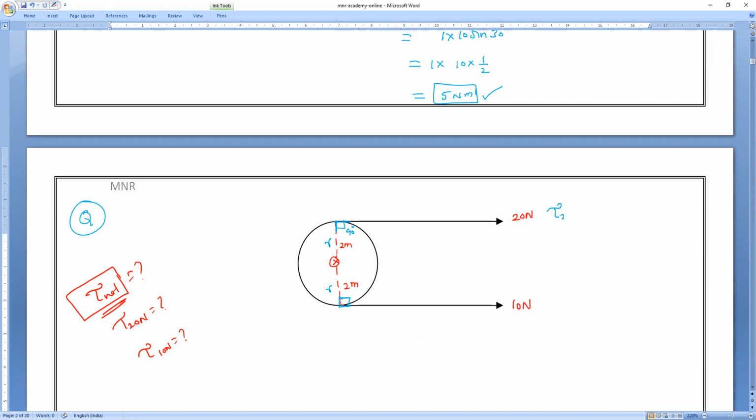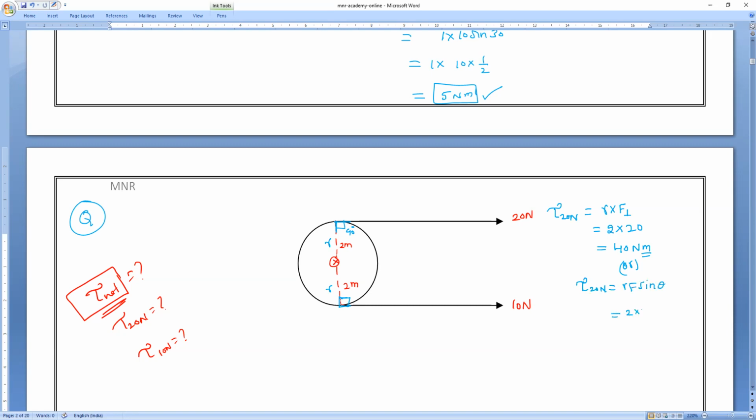So first, the torque exerted by the 20 Newton force is equal to R into F perpendicular. R value is 2 and F perpendicular is 20, which is equal to 40 Newton meter. Right or wrong? Everybody, please respond. Or else I can say the angle is 90, so I will apply torque equals R F sin theta.